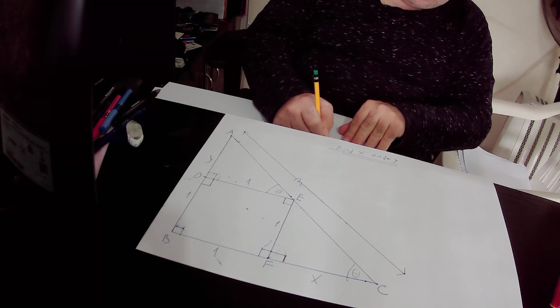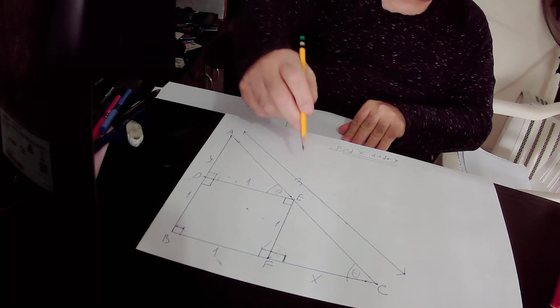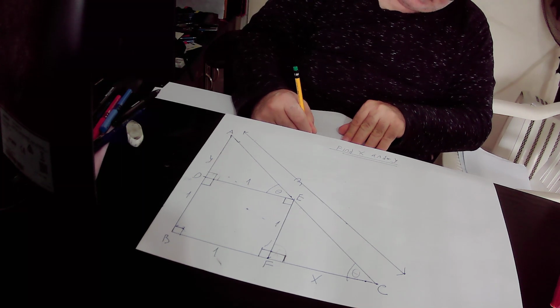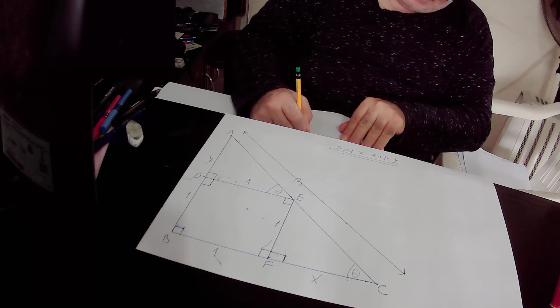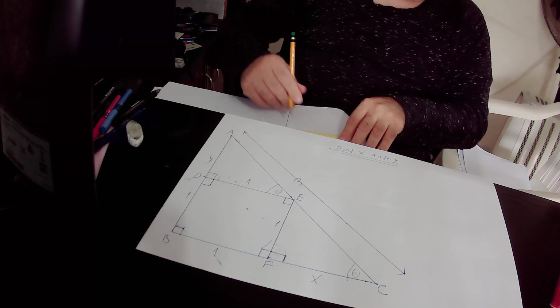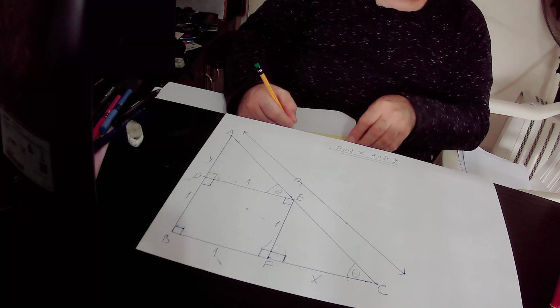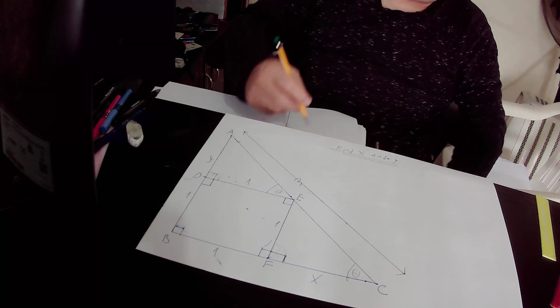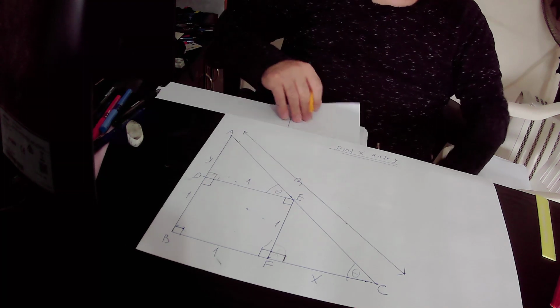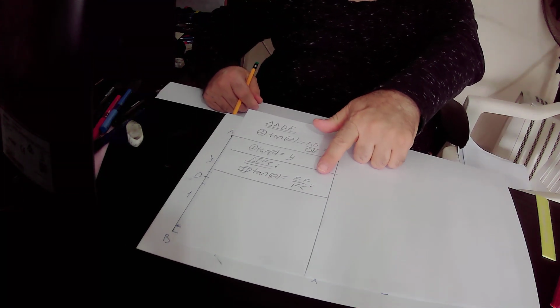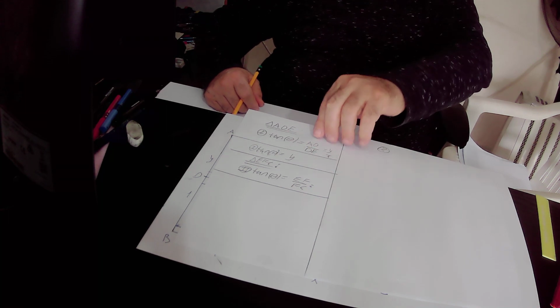In the right triangle, triangle EFC, tangent theta equals EF over FC.